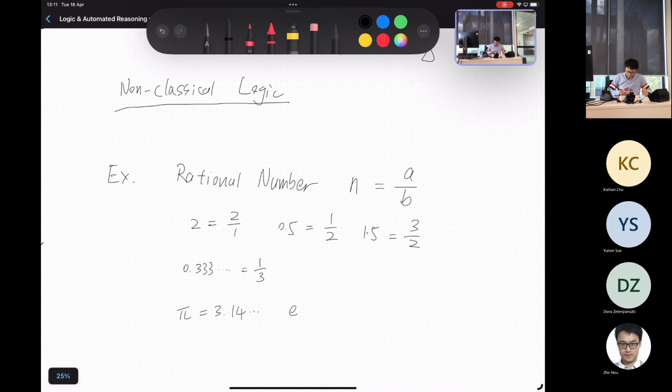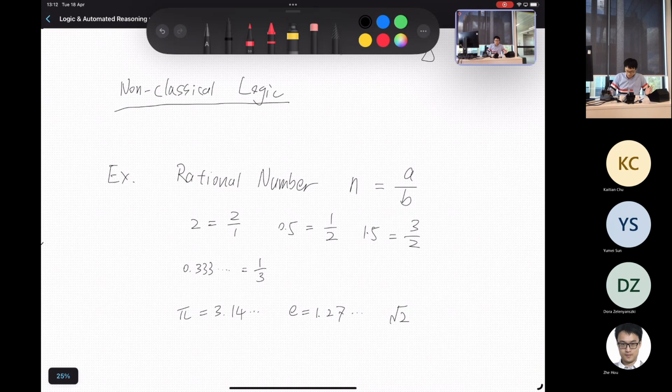Another example. Usually we use the letter E to mean the natural constant, sometimes called the Euler constant. This constant is 1.27 dot dot dot, it's also infinite. And that one is also not a rational number, right? You cannot write E as a natural number over another natural number. The third counterexample, square root of 2.